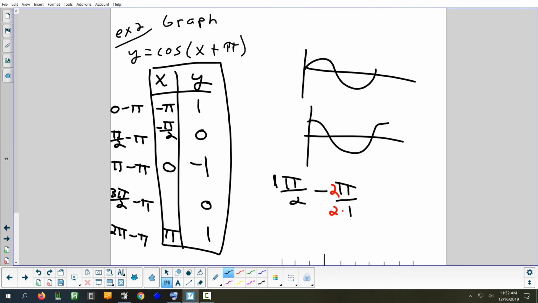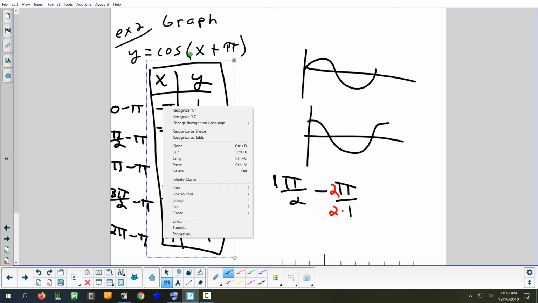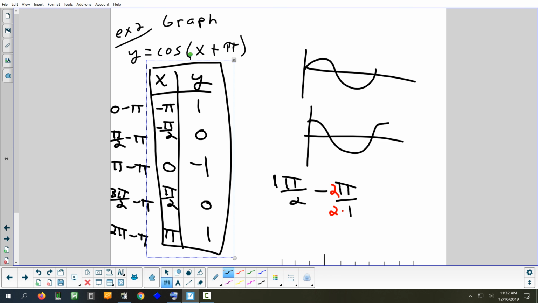Yeah, pi over 2. And the pattern here is the numerator is going up by 1 each time. That's negative 2 pi over 2, negative 1 pi over 2, 0 pi over 2, 1 pi over 2, 2 pi over 2, 3 pi over 2, 4 pi over 2, 5 pi over 2, 6 pi over 2. You could keep going. So you get 10 points on the test for that table.